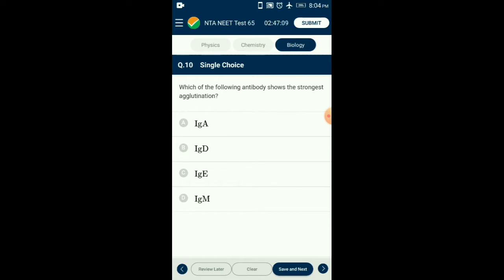Immunoglobulin M is frequently seen in the human response to antigenically complex organisms like viruses and bacteria. It also activates the complement system. So the answer for this question is option D, immunoglobulin M.